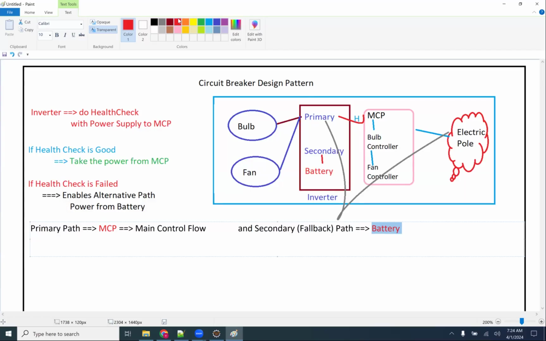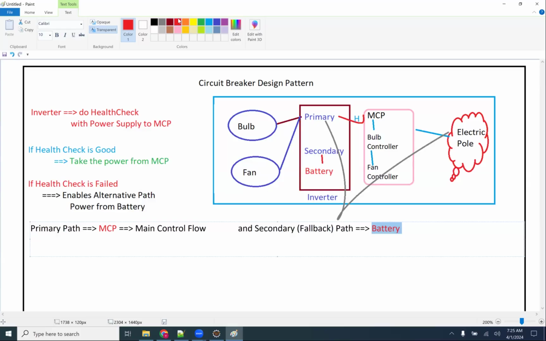If there is no power, automatically within a fraction of a few milliseconds, a small flickering the user will observe, but in a very rare case. Automatically it will take the power from the battery and the bulb will glow, the fan will rotate.